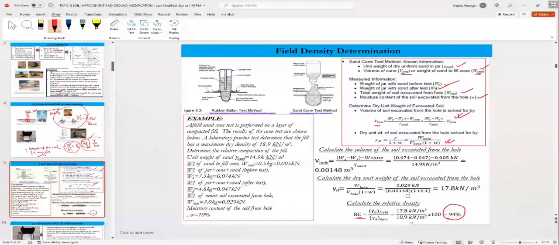Francis Kibera, yeah. How do you do proof rolling? Okay, so yes, proof rolling, to check for pumping.